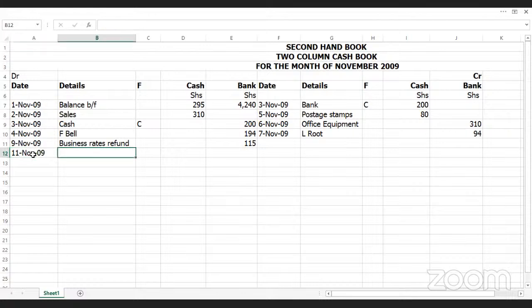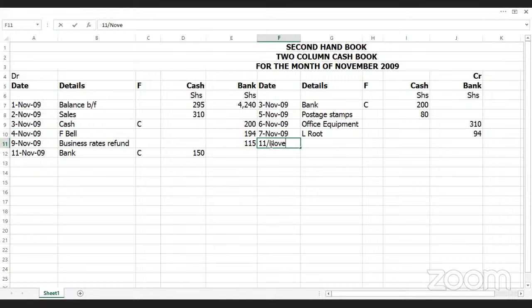So here we write bank. Contra, don't forget that. Then record in the cash column how much was withdrawn, shillings 150. Then don't forget to record on the credit side to show that there was a decrease in your bank column, on 11th November.